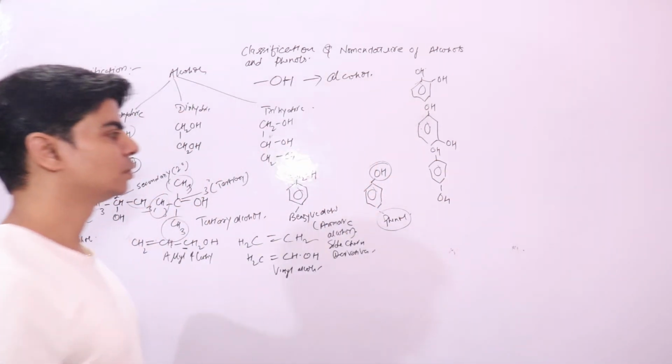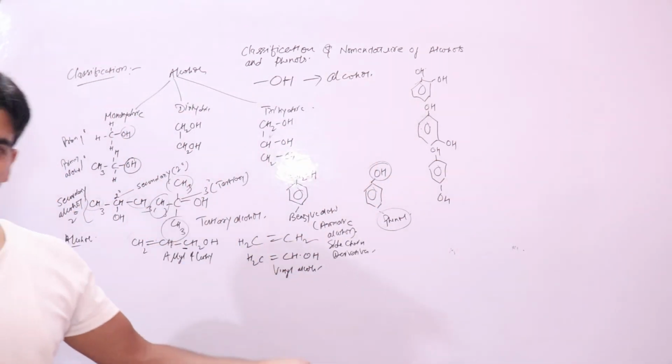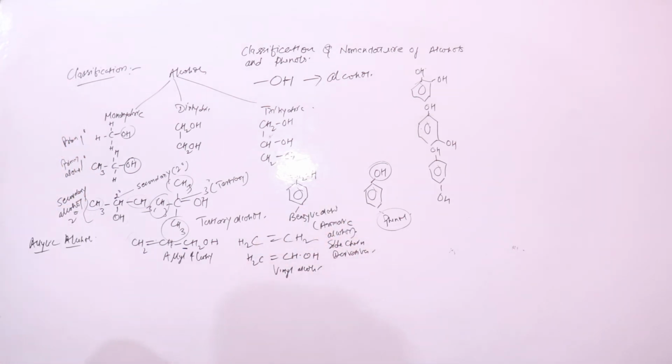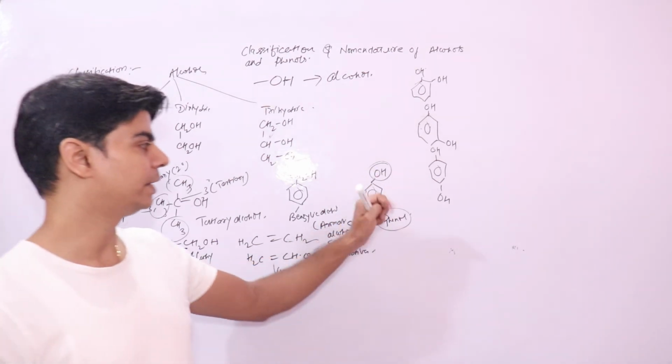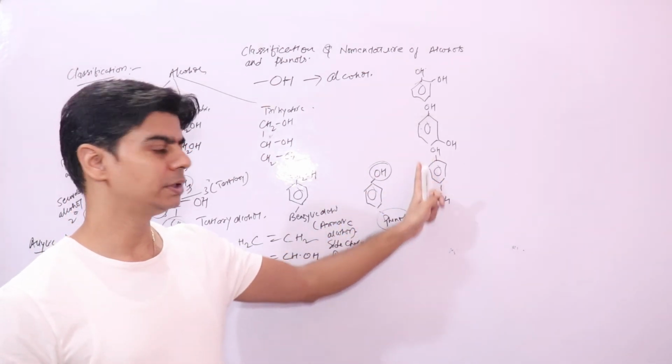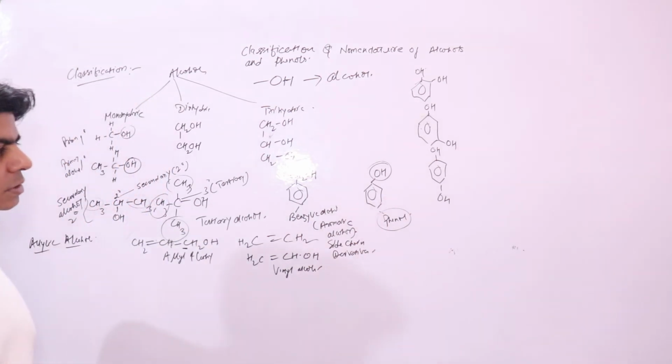Since it contains two OH groups, we call these phenols containing two OH groups, and both the OH groups are directly attached to the aromatic ring. These are known as dihydric alcohols. This is a monohydric alcohol. These contain two OH groups, so these are dihydric alcohols.